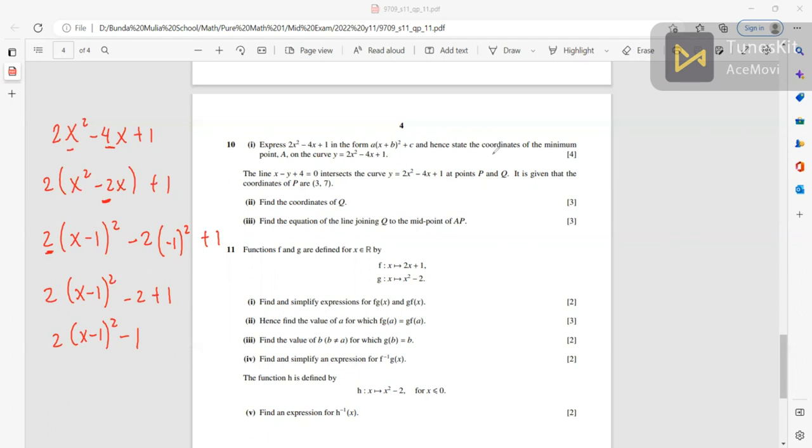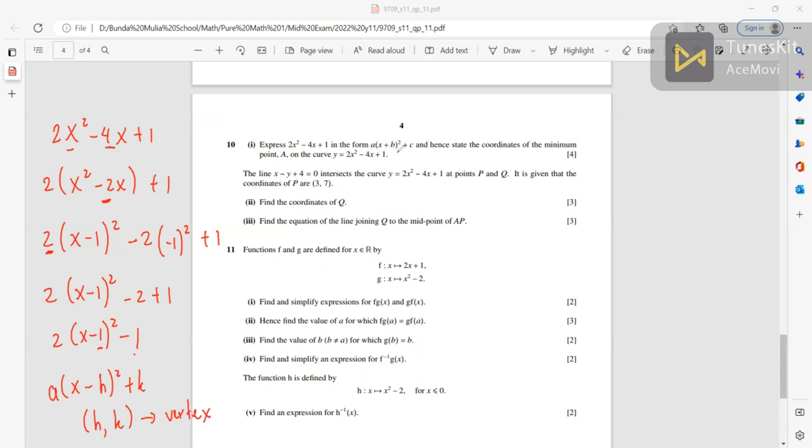Hence, state the coordinate of the minimum point. For this case, the minimum point will be (1, minus 1). So remember, it is a times (x minus h) squared plus k, so the (h, k) is the vertex, or stationary point, or maximum or minimum point.